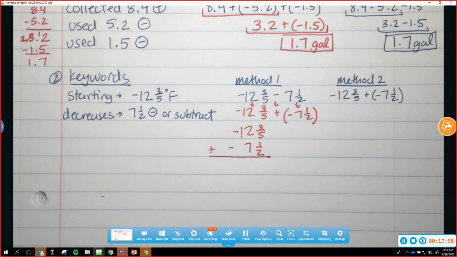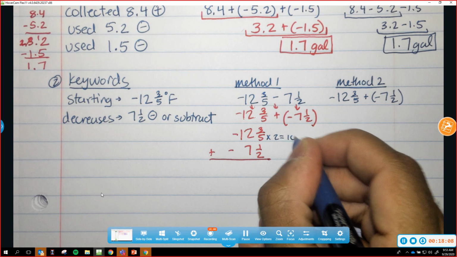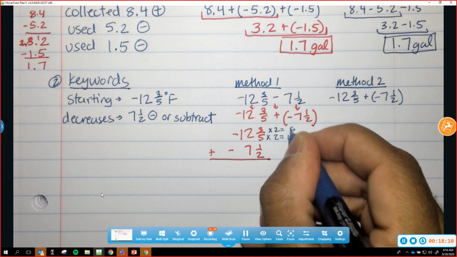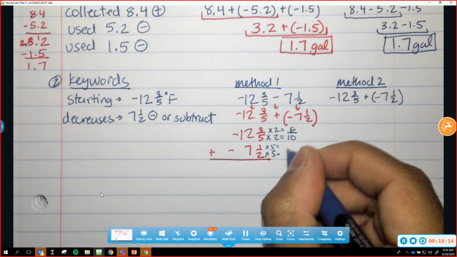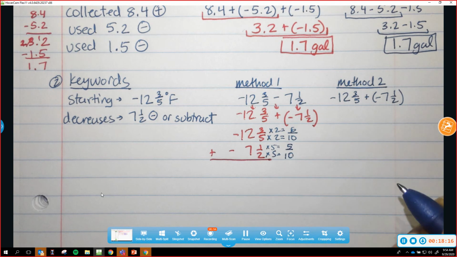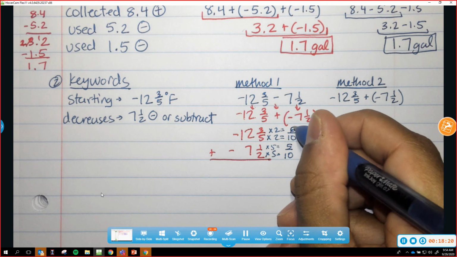Or you're not sure? It's 10. If I do 5 times 2 to get 10, I can do 3 times 2 and get 6. Now I get a common denominator between the two, because you always want to try and get a common denominator. It's always one of our goals.